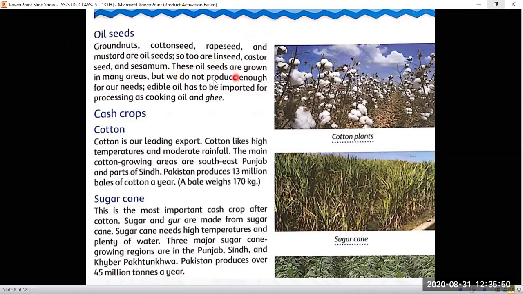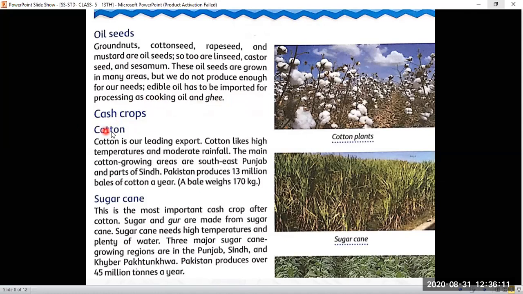These oil seeds are grown in many areas, but we do not produce enough for our needs. Edible oil has to be imported for processing as a cooking oil and ghee.